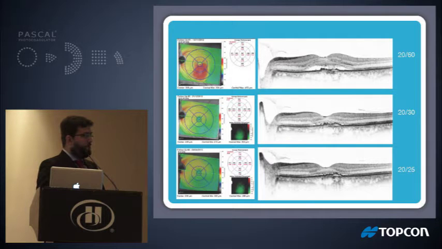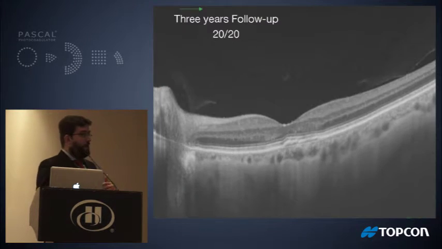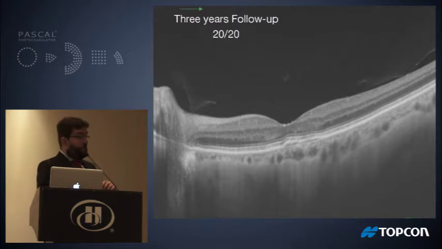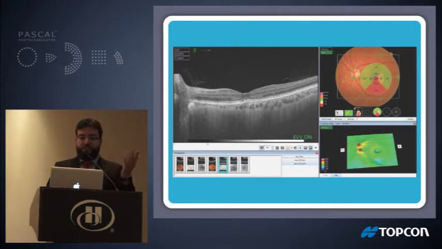This is the baseline, after 1 month, after 2 months, so the vision decreased, and after 6 months there's no fluid whatsoever with just one treatment. And now this is already with Triton OCT. We can see there's no fluid, no damage, and in OCT angiography, no neovascularization.